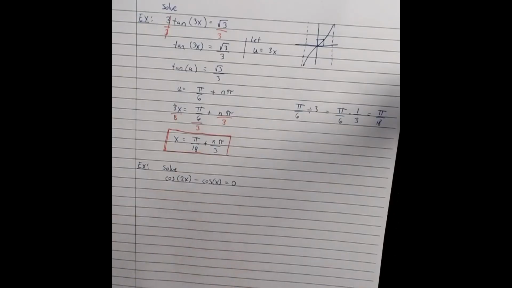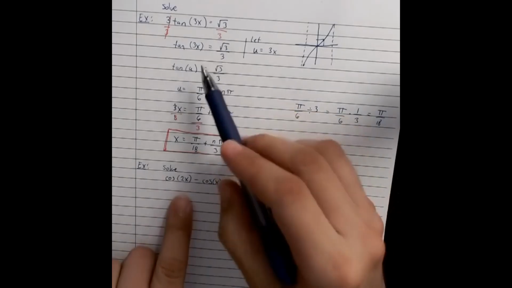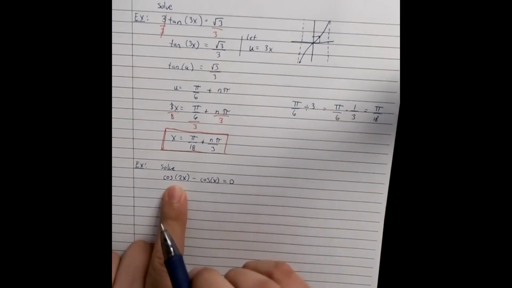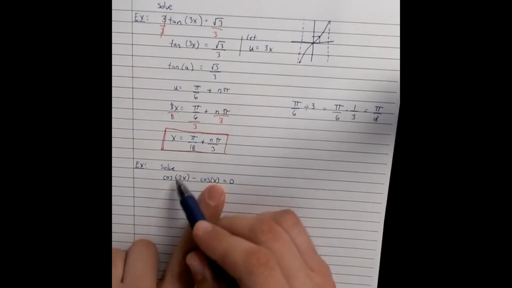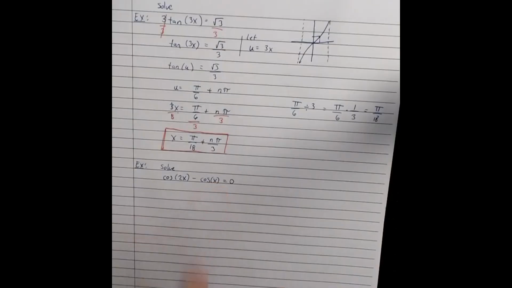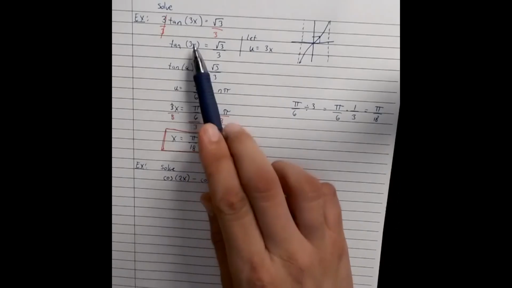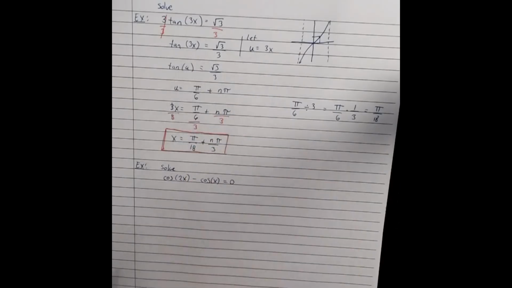Because they have different arguments, if I try to substitute, if I say let this be u, well then that's not u. If I say let this be u, well then that wouldn't be u. So my substitution, my u equals to something, in this case u equals to 3x, isn't really possible here. And if it's not really possible, then we're going to have two separate things to worry about. So how do we do this?